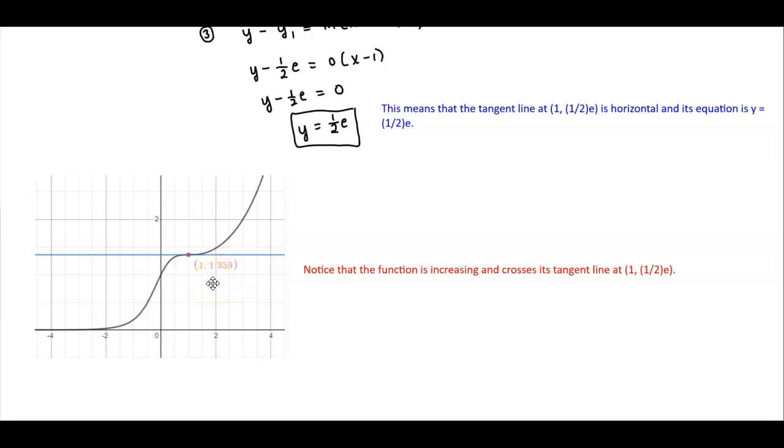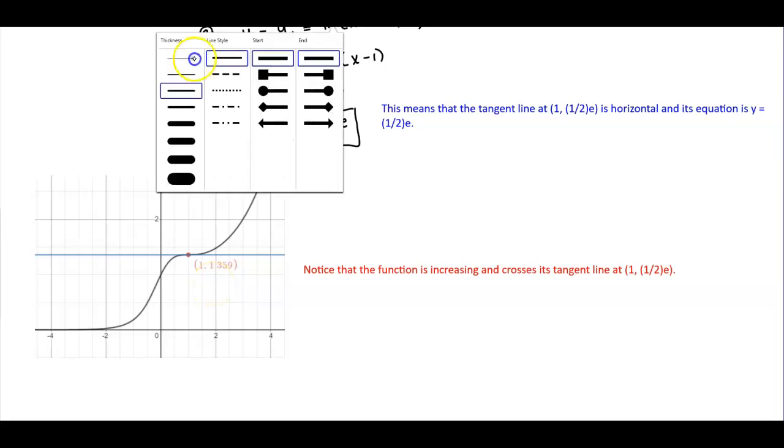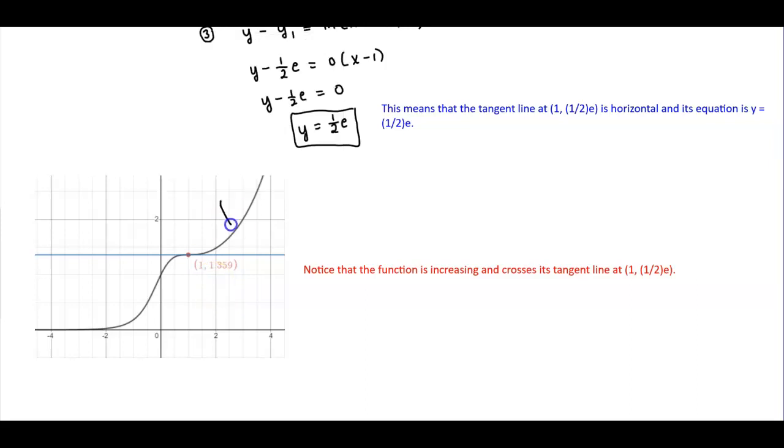So again, this graph represents y, which is equal to e to the x over 1 plus x squared. We also know that this graph is y is equal to 1/2 e. And again, it crosses the point where you have 1 and then 1/2 e.